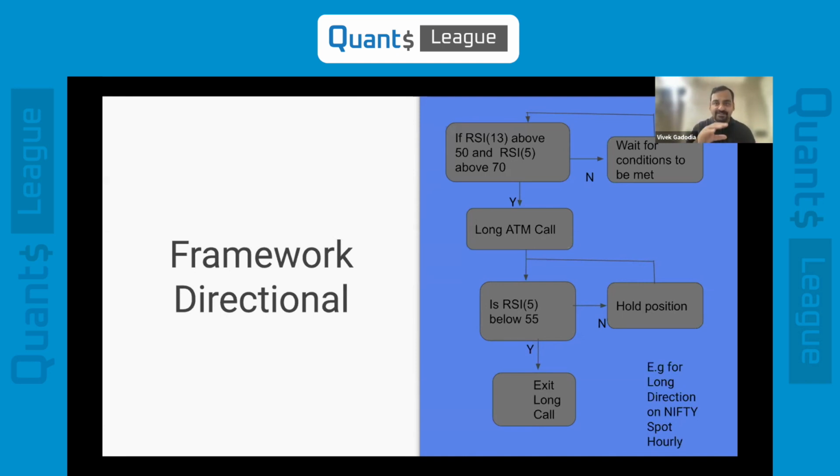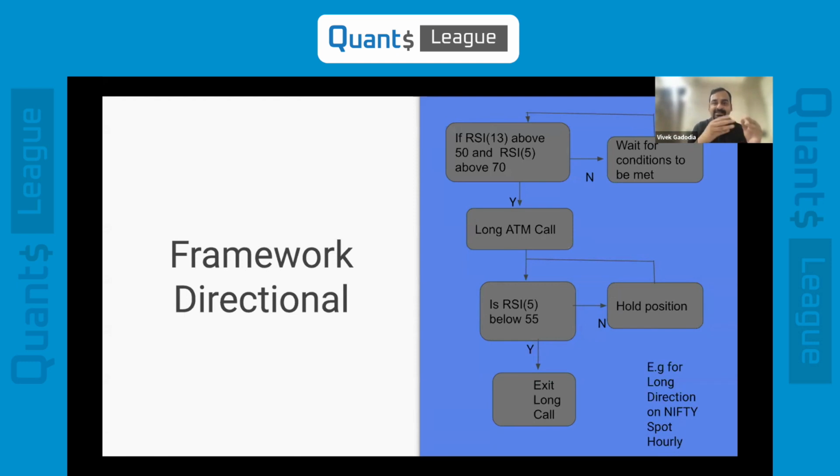We are using the RSI 13 as a trend line. That is, if it's above 50, then it's bullish, below 50 is bearish. And when the RSI 5, the shorter term RSI, goes above 70, that means there is likely to be momentum right now. So we can go bullish. So we will buy an at the money call.